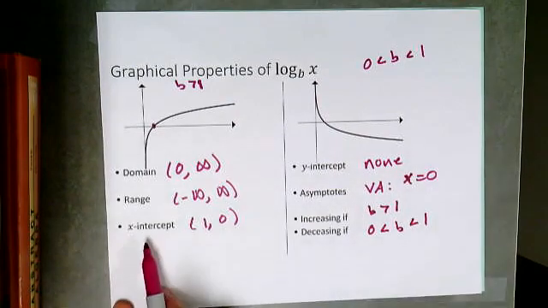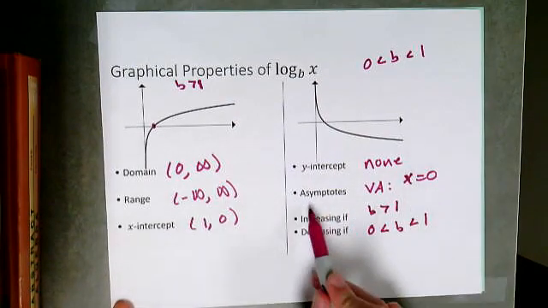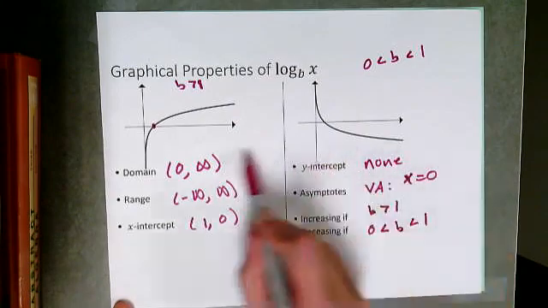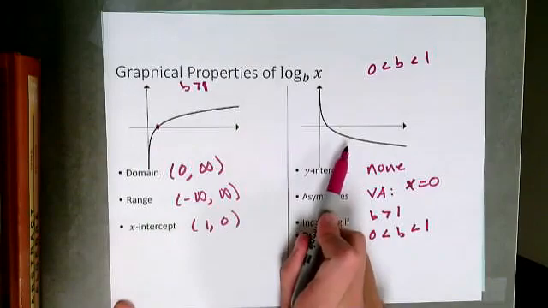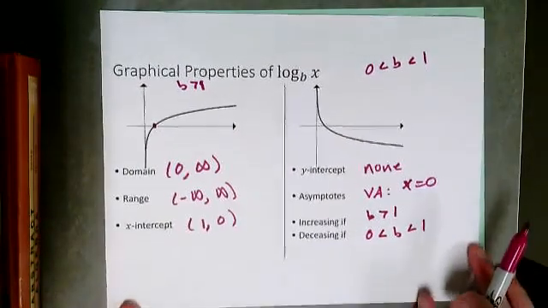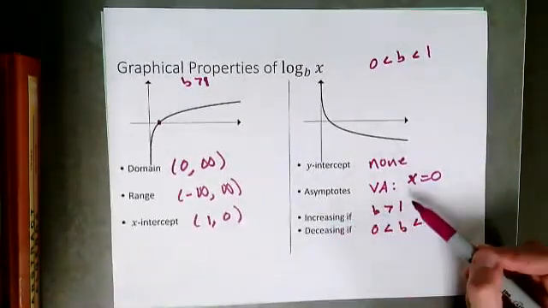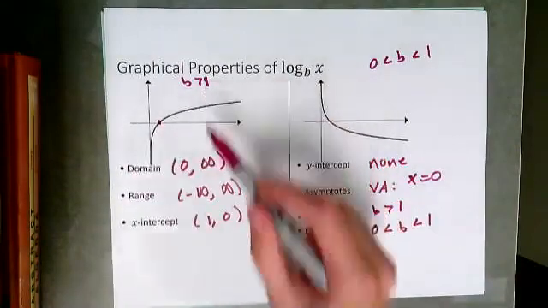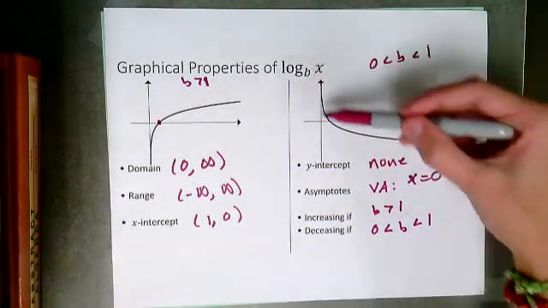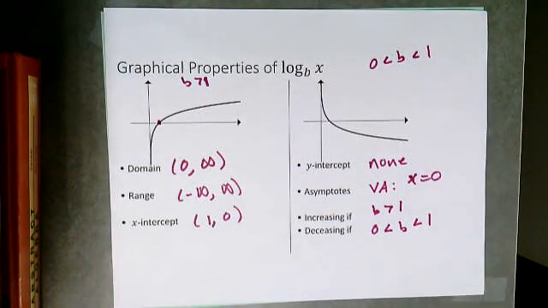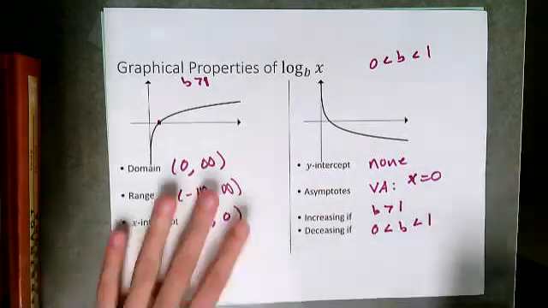I should say x-intercept, y-intercept, asymptotes, all 5 of these work for this graph and that graph. Both graphs. It is increasing, like in this case, if b is bigger than 1, and it is decreasing if b is bigger than 0 but less than 1. Okay, so let's go on to an example to really see what's going on here.